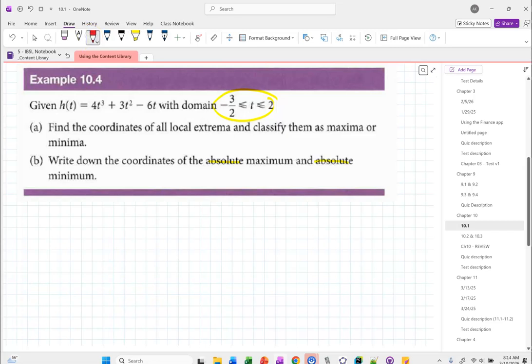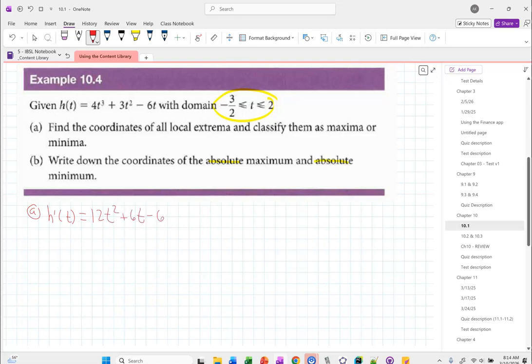So part A, same as we've been doing. We'll start by finding the derivative of h of t, which is, what's the derivative of 4t cubed minus 3t squared minus 6t? 12t squared plus 6t minus 6.